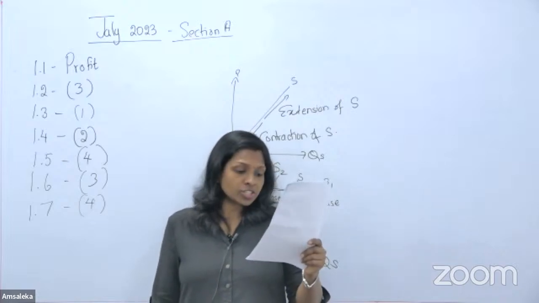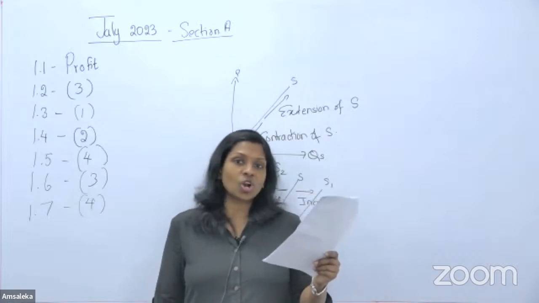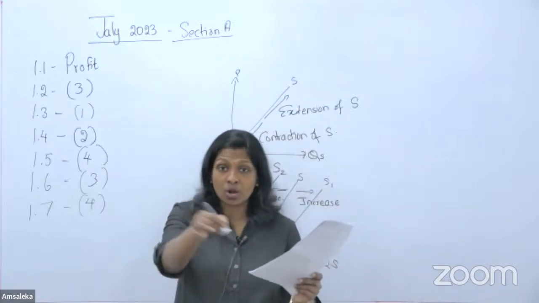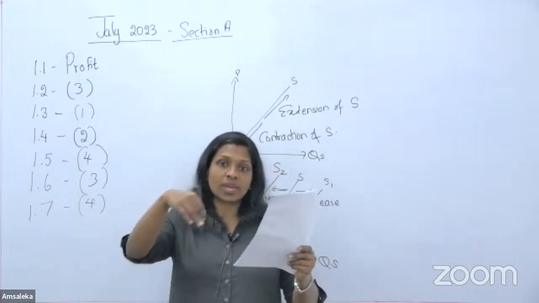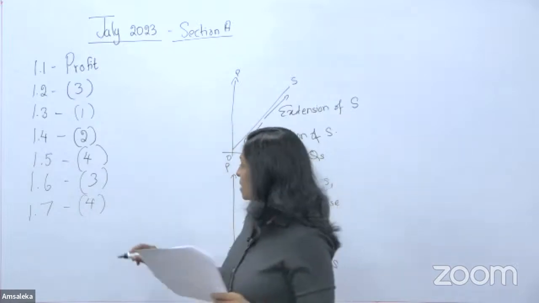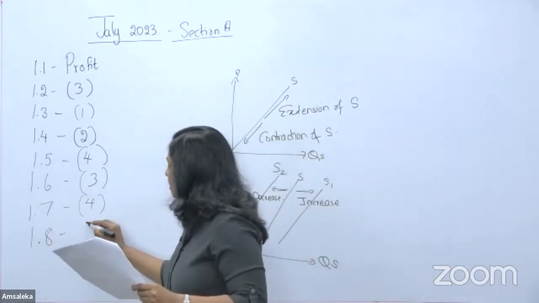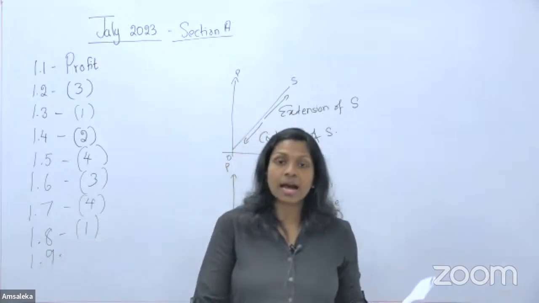The factors of production of the firm cannot easily move to another firm in the industry? Not like that. They can easily move, so easily you can shift. Then the first one is the answer for 1.8.